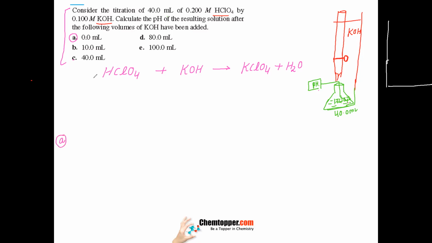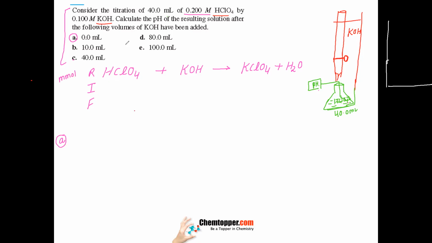In the A part, this is the reaction. We are going to write down initial and final. So how much HClO4 is there? Can you work in millimoles? How many millimoles of HClO4?